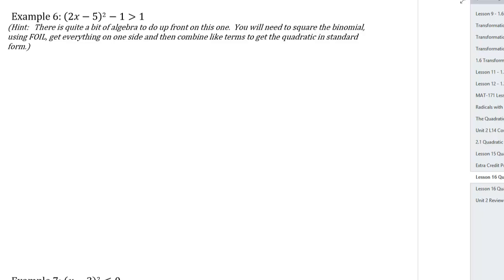So let's start off by doing the algebra that's involved. So first we need to square 2x minus 5. So I'm just going to do that separately.